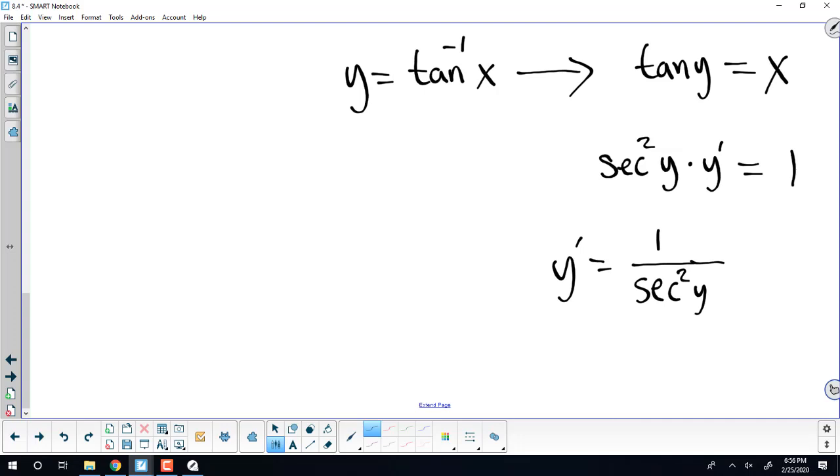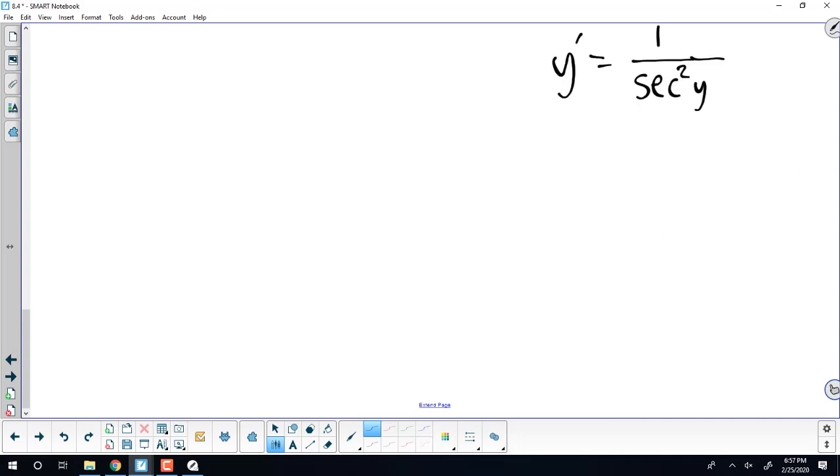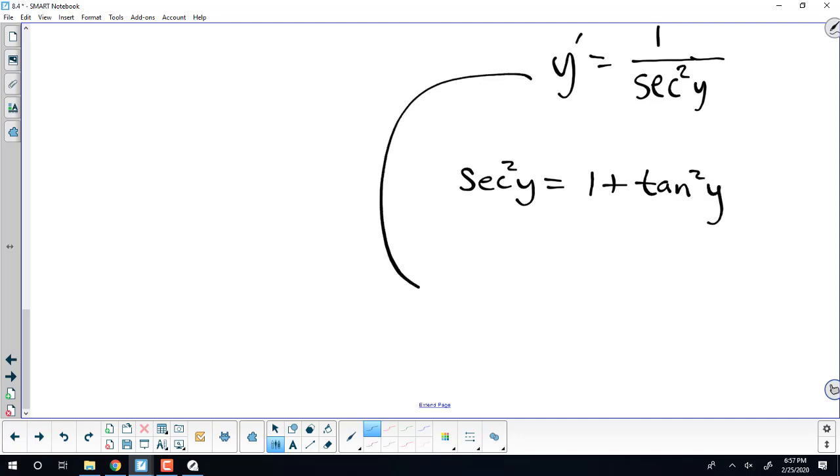Then we need secant y in terms of x if we're going to say the derivative of inverse tangent is 1 over a squared plus x squared. This is where our Pythagorean identities come in. Secant squared of y is 1 plus tangent squared y. So y prime is 1 over 1 plus tangent squared y.